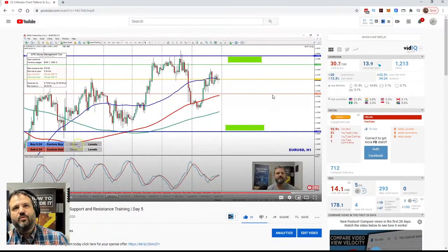So I drew these two zones right here. I drew a zone here and a zone here. And I was just saying, okay, this is the support level, this is the resistance level. And let's see what happens to the price when we get to those levels.